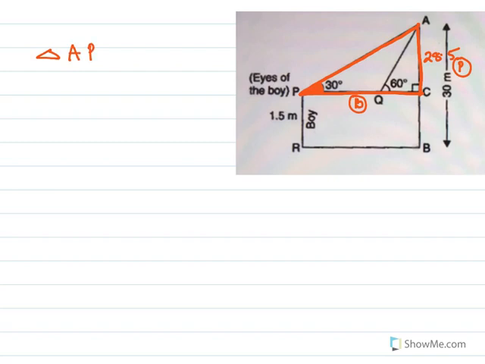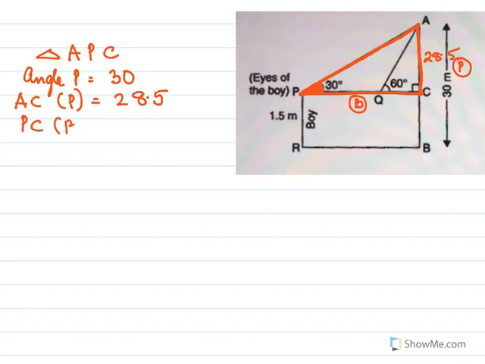So we'll take up triangle APC. Here the angle is 30, so angle P equals 30. AC is the perpendicular, which is 28.5, and PC is the base, which we don't know, so maybe it is Y.